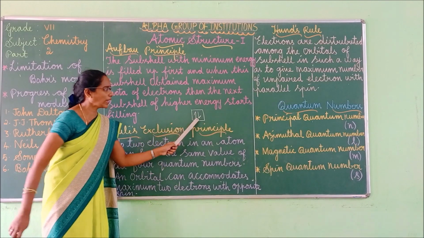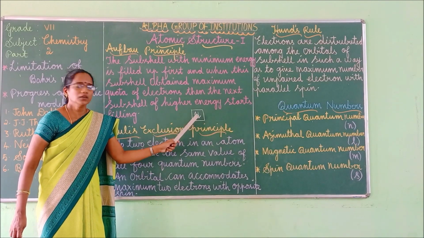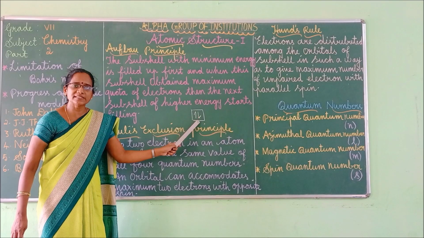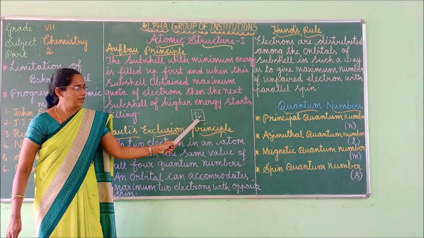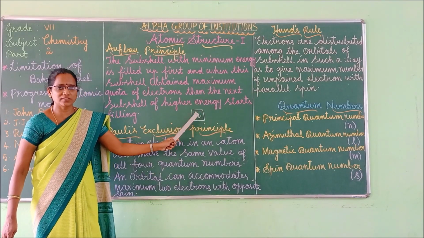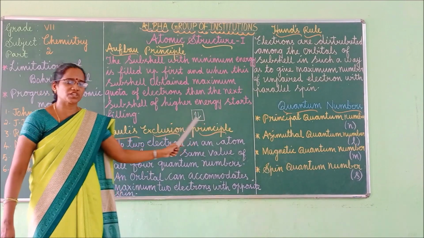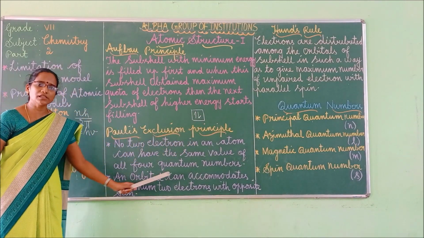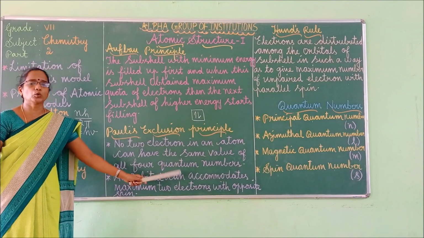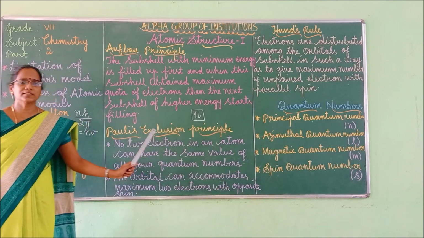Here we can fill only 2 electrons. These electrons are in the opposite spin, that is, in the opposite direction.